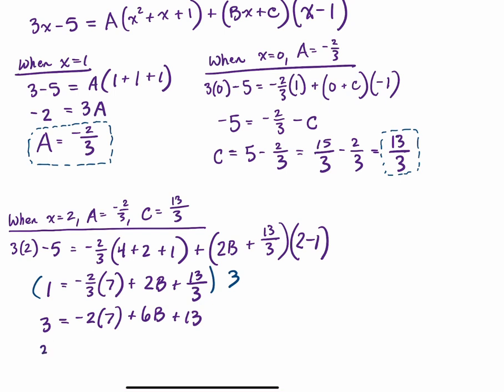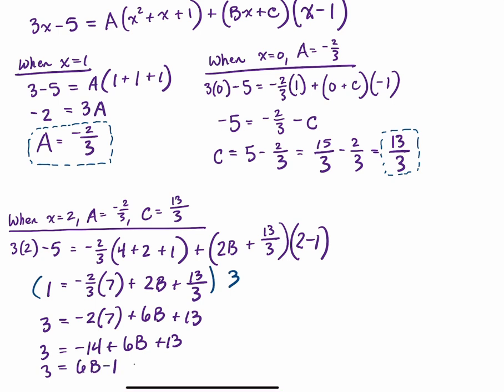So we get that 3 is equal to negative 14 plus 6b plus 13. On the right side, negative 14 plus 13 will give us a negative 1. So 3 equals 6b minus 1.